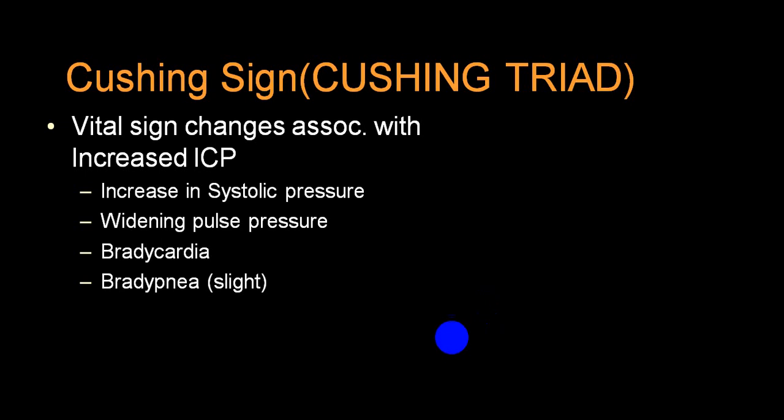Then look for Cushing triad, which is an elevation of systolic pressure, wide pulse pressure, bradycardia and bradypnea. Typical Cushing triad suggests raised intracranial pressure, and almost the person is going for what we call stage 3 and 4.